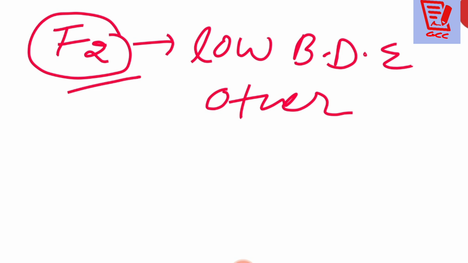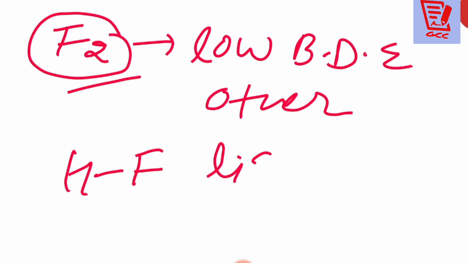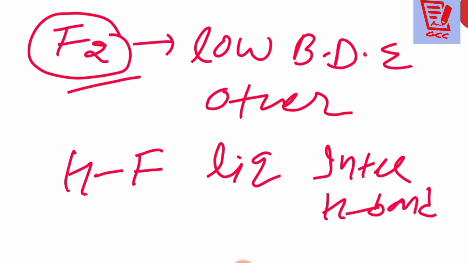Same way we can give one more point, that there is an anomalous behavior of HF also. What I told you in the starting only, that HF is usually a liquid. Why is it liquid? Because of intermolecular hydrogen bonding, but in the others it is not there.